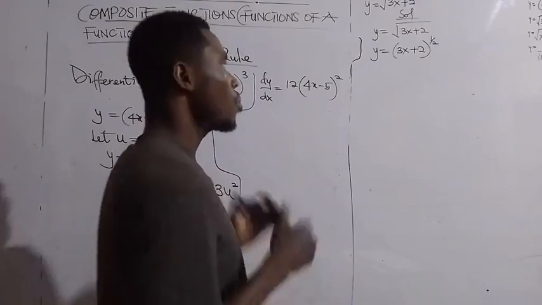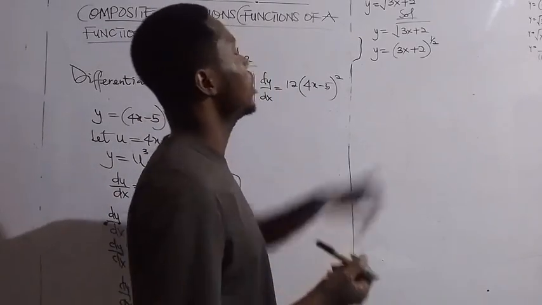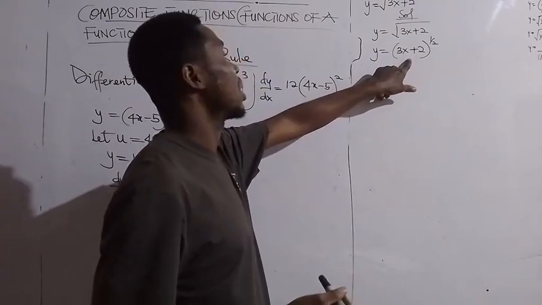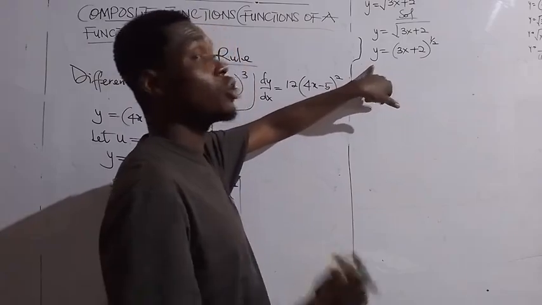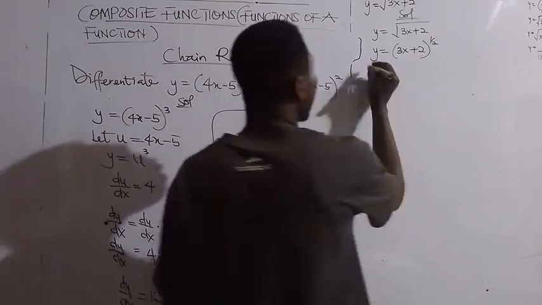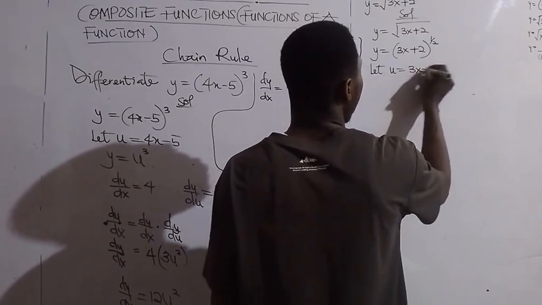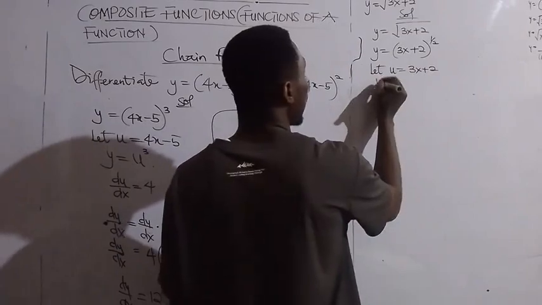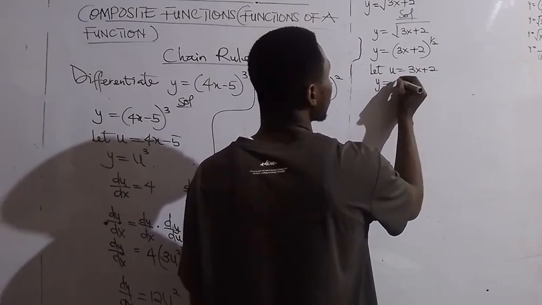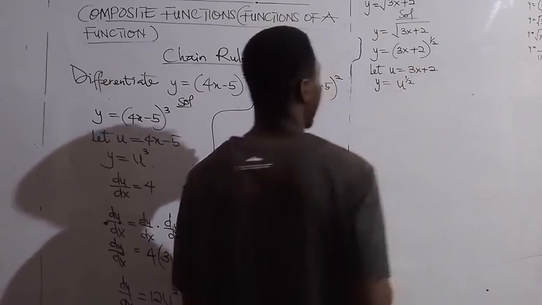So when we reach this place, we let u be a function, so we let y be a function of u. Let u be equal to 3x plus 2. Then our function will now look like y is equal to u exponent half.